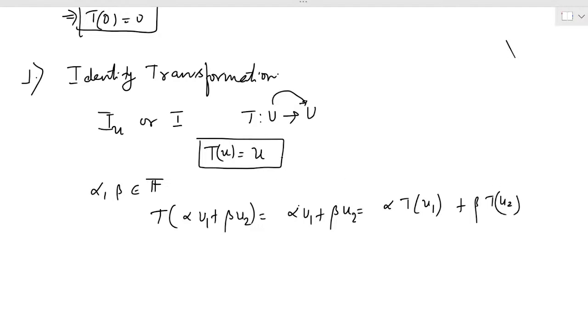Is that clear? This is from the definition. That is, if I supply alpha u1 plus beta u2 inside T, it will give me alpha u1 plus beta u2 here. And alpha u1 is alpha times Tu1, beta u2 is beta times Tu2. So clearly I can say that T forms a linear transformation. That is, we can say that identity is a linear transformation.